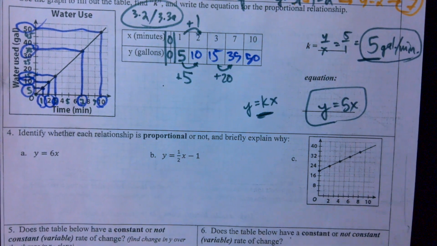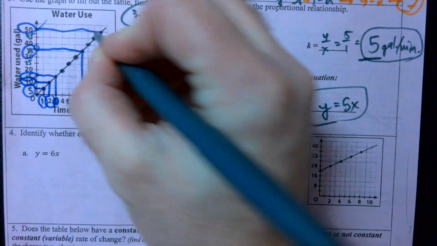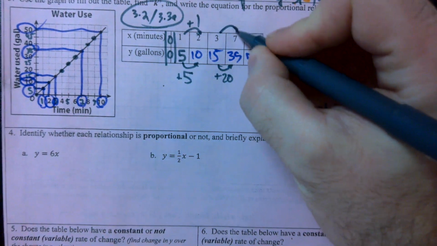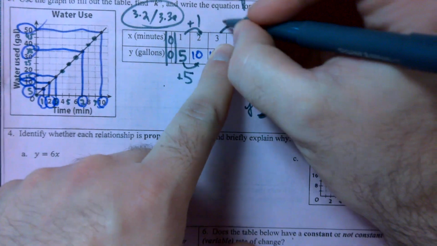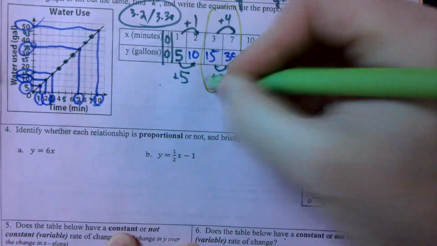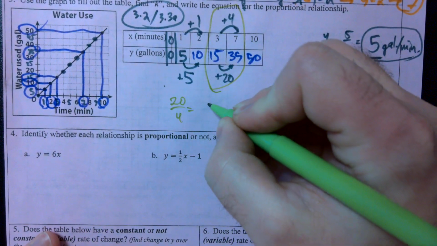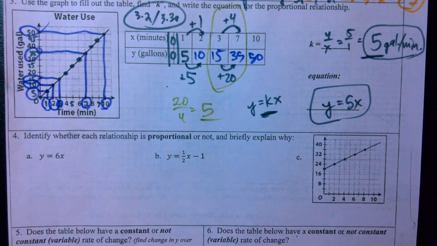Because we skipped all these points in between. How do I get from 3 to 7? Plus 4. So if I put this Y over X, what is 20 over 4 equal to? Still 5. So just because my table skips some steps doesn't make it non-proportional.